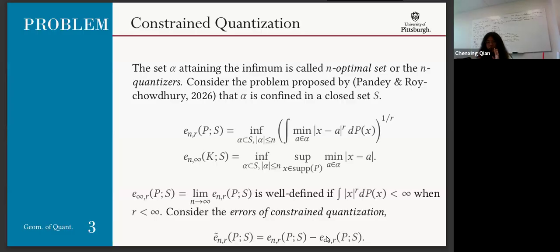This means that e_{n,r}, when n goes to infinity, is no longer zero. So we subtract this other quantity, e_{infinity,r}, and denote the new error quantity by e tilde n,r in this case.